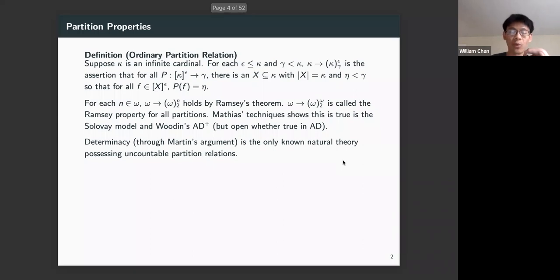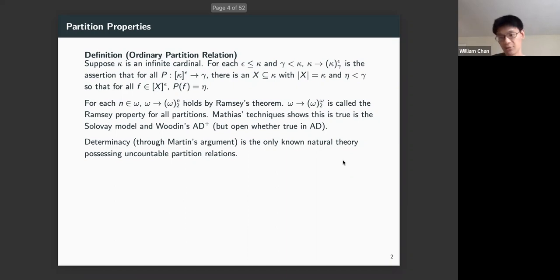For every finite n, omega arrows omega n 2 is just the classical Ramsey theorem. Omega arrows omega omega 2 is usually called the infinite Ramsey property for holding for all partitions.